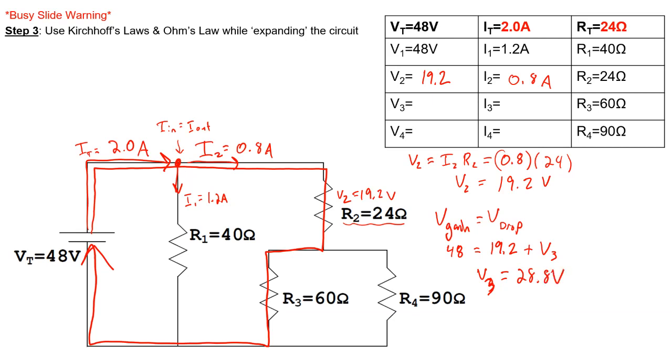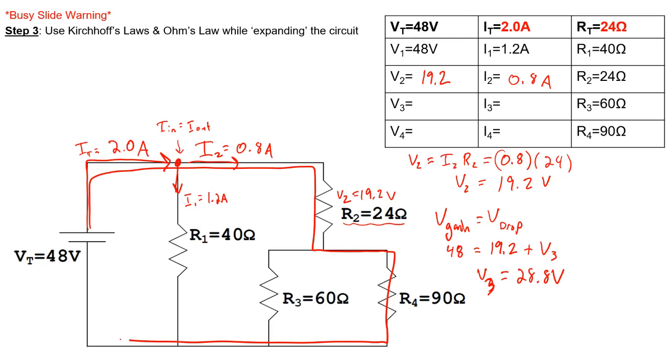That voltage drop has to be the same through resistor number 4, because I can redraw another loop going through resistor 4. I'm not going to show the calculation twice, but the voltage drops through resistor number 3 and resistor number 4 are 28.8 volts.